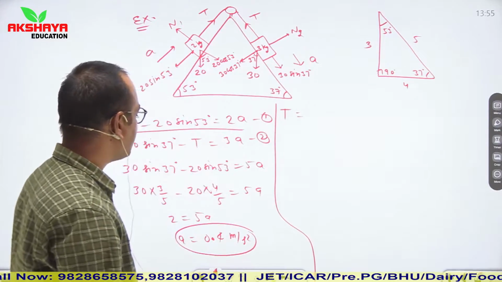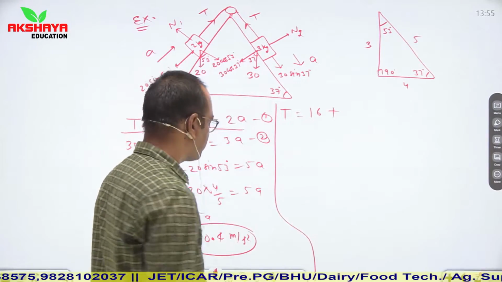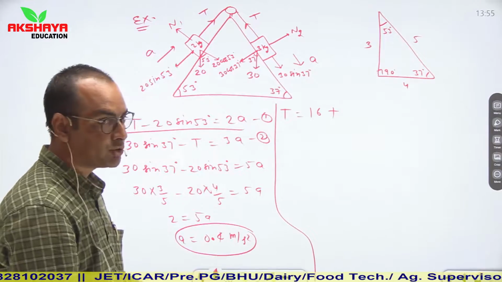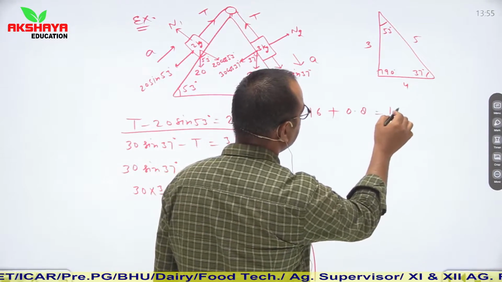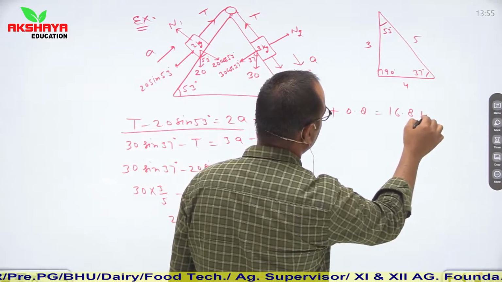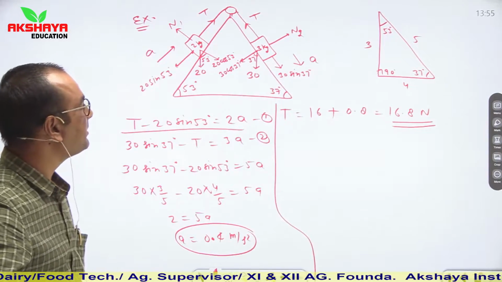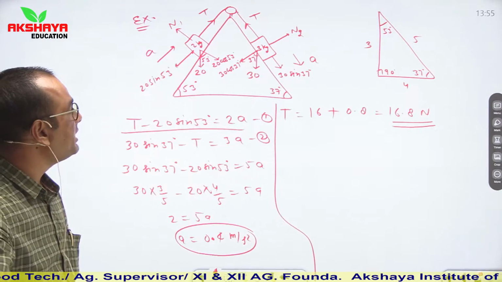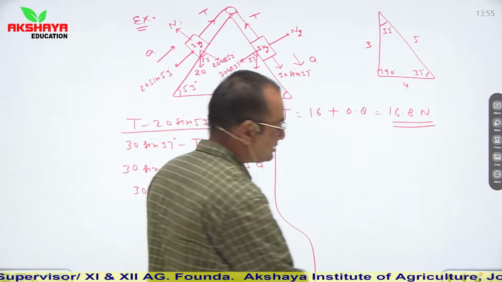So value of 20 sin 53 is 16 plus 2A. So 2 into A is 0.4, so 0.8. So tension is 16.8 Newton. So this is the simple pattern of question which may be asked in your competitive section. Now let us discuss next pattern of question.